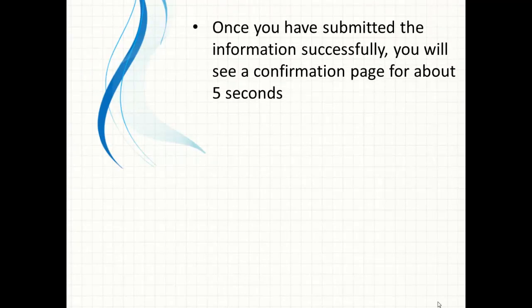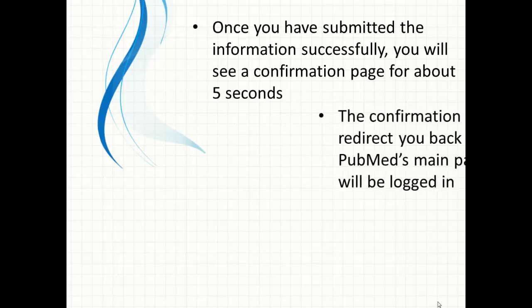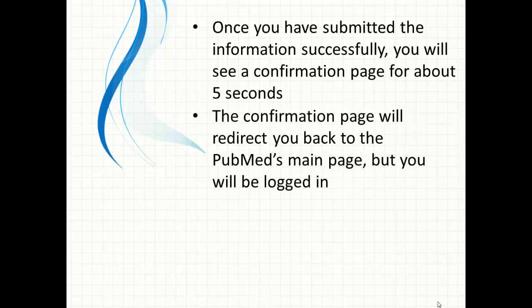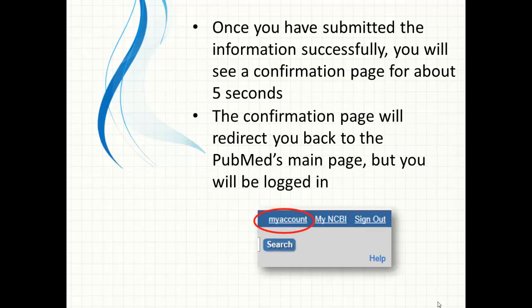If you are successful, you should see a confirmation screen and then be redirected back to the PubMed home screen. But you will be logged in. You will see the name you used to register in the upper right-hand corner next to a MyNCBI link and a sign-out link.